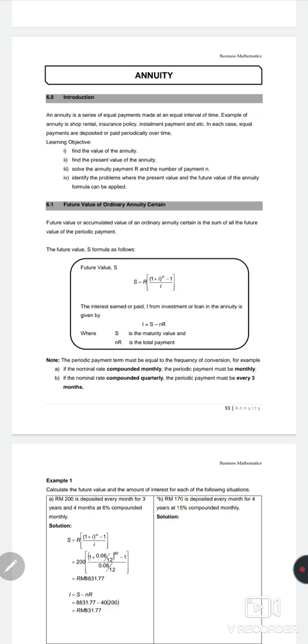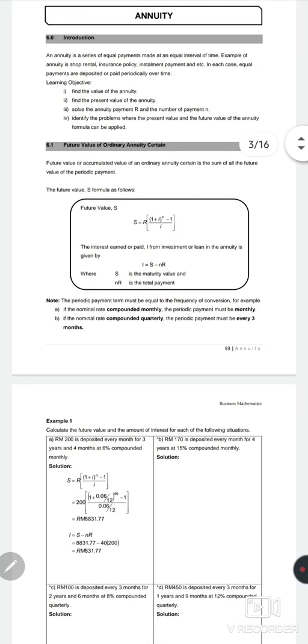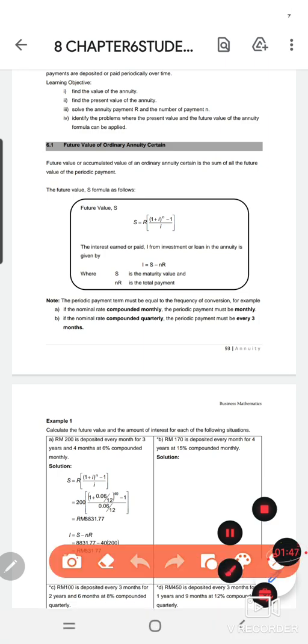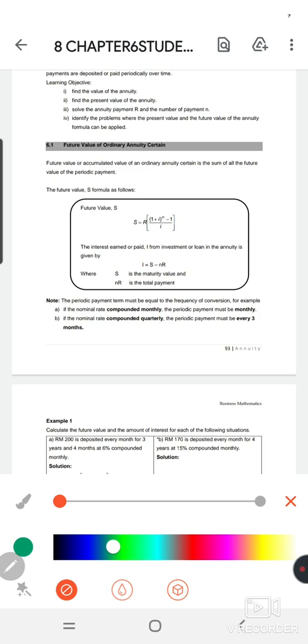Okay. So next is the future value of an ordinary annuity certain. So this one is for future value. Future value biasa kita tandakan dengan S. Dia sama dengan topik dalam simple interest and compound interest.